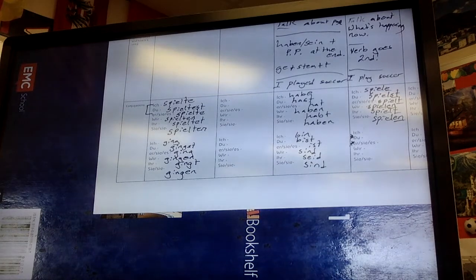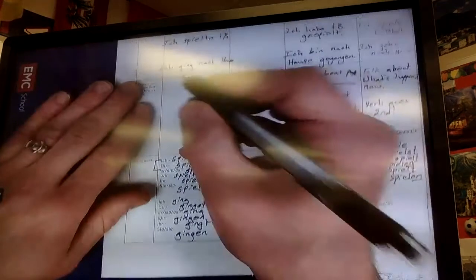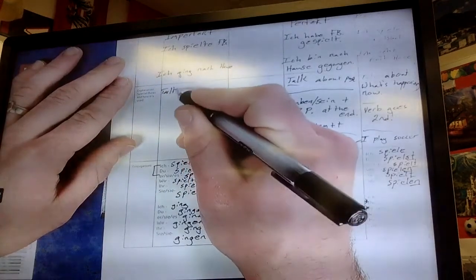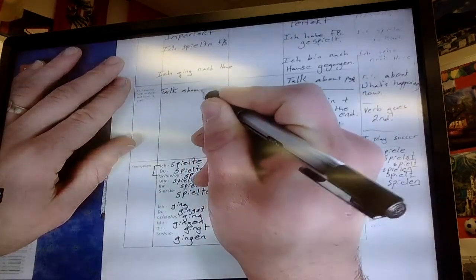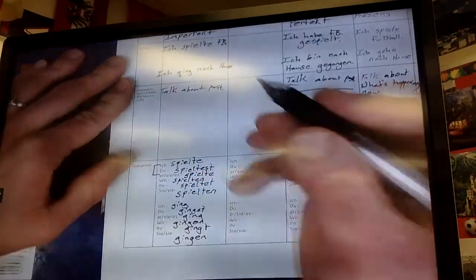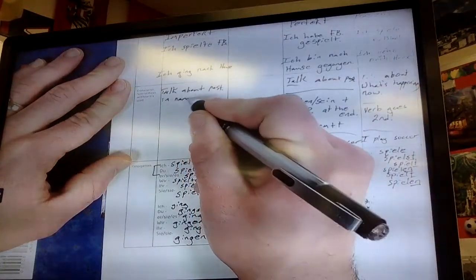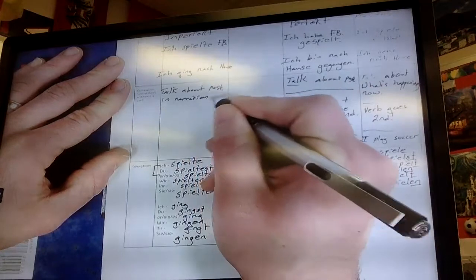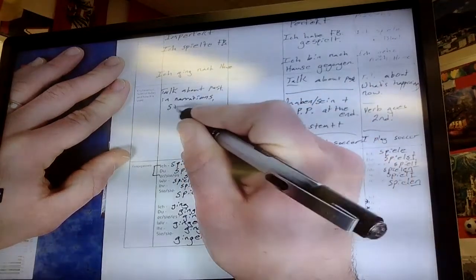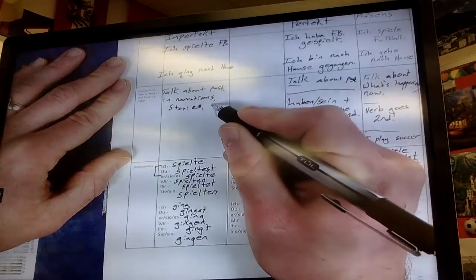So, back to this. When and why do we use the narrative past? Well, to talk about past. In narrations, stories, sequences.